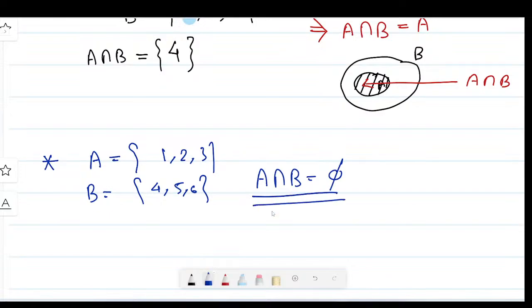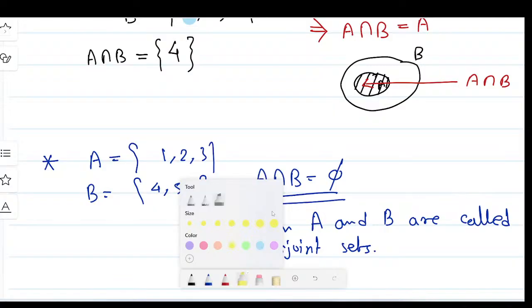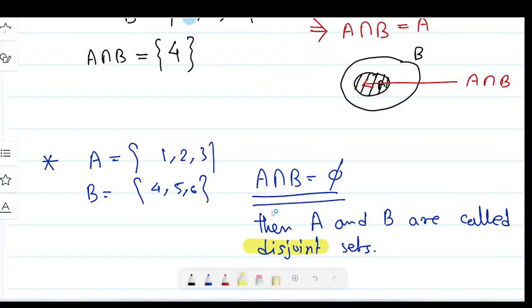If this happened, then A and B are called disjoint sets.